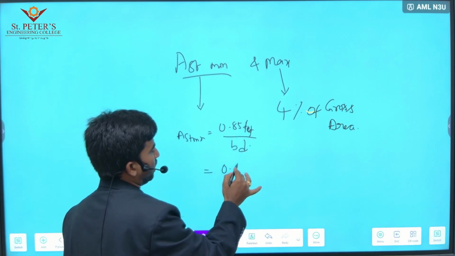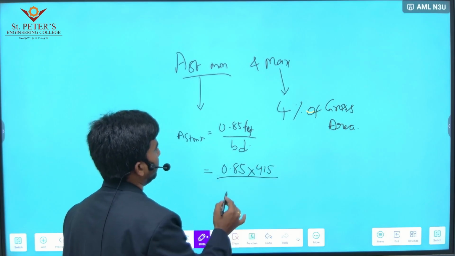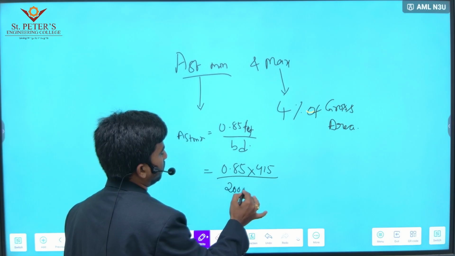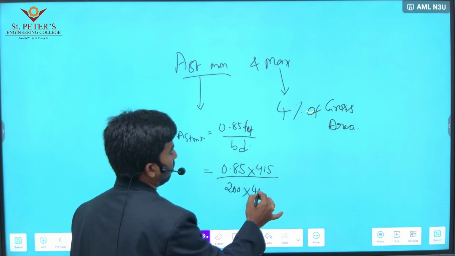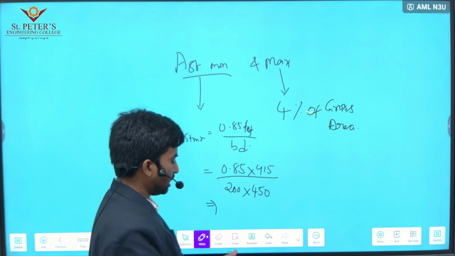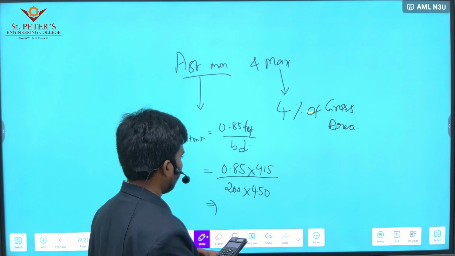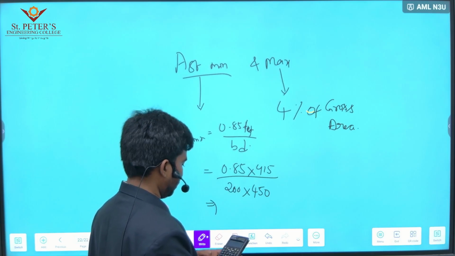So 0.85, here fy is 415 multiply with base breadth, nothing but 200, and depth is 450. Calculating the minimum steel: 0.85 with 415, 200 multiply with 450.